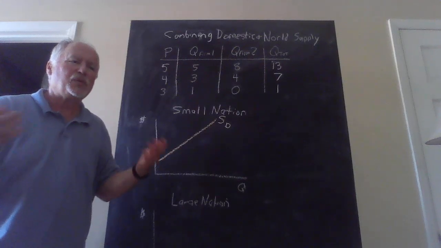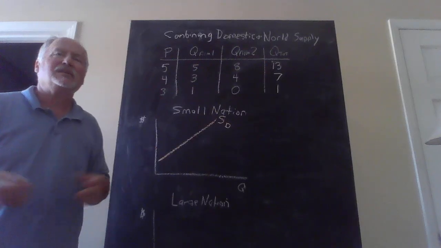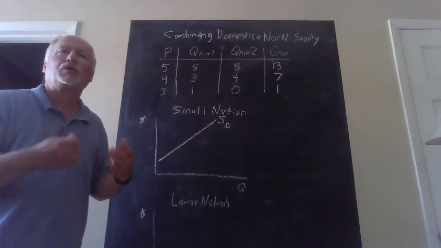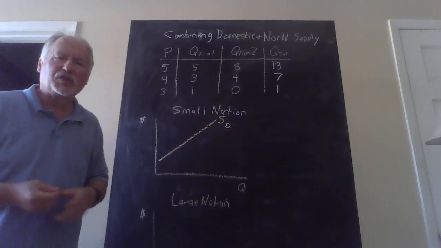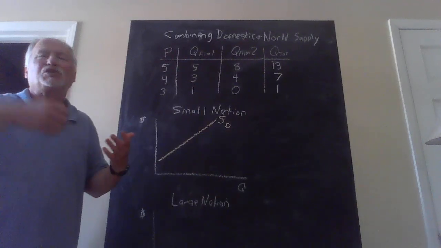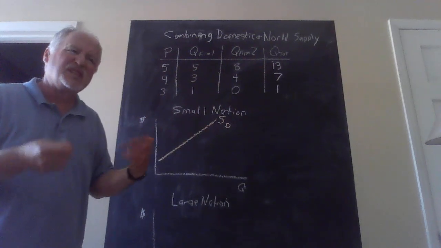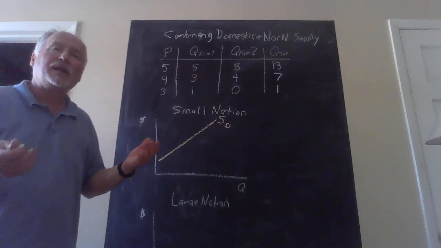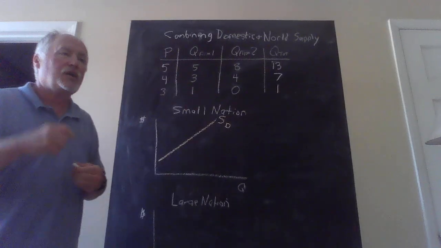If you're talking about the world market for oil, which is in the 80 million barrels a day or so that get bought and sold, if you're talking about a country that might be importing 100,000 barrels of oil, that's so small relative to the global quantities that we could ignore any impact of this country buying the good on the world market.